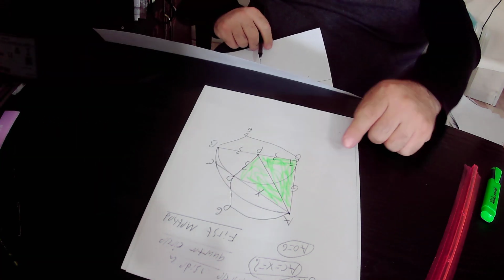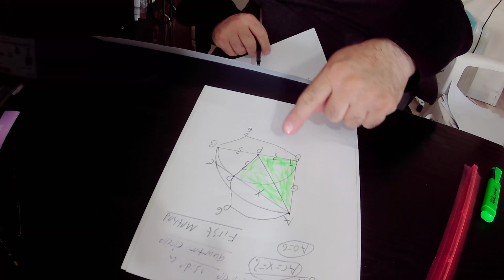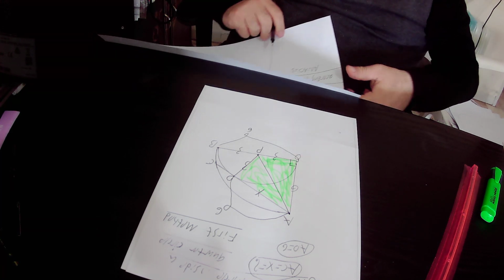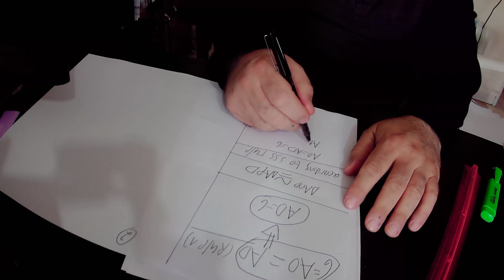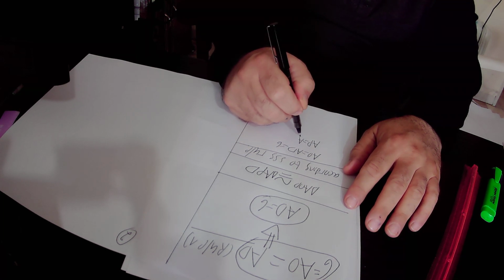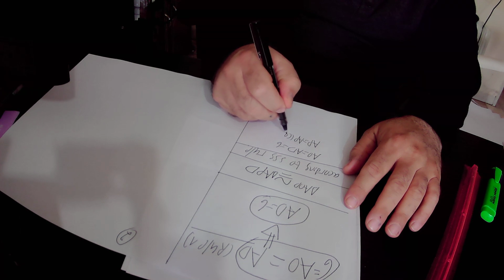In addition, AP is a common side, it belongs to both triangles.